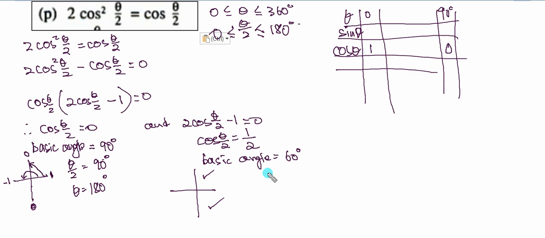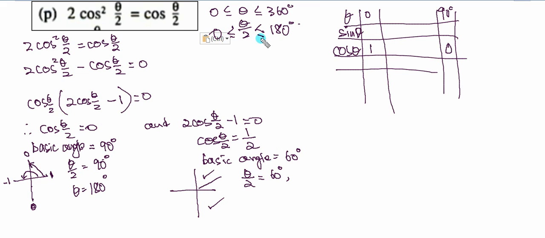Okay. Now, so theta over 2 is equal to this quadrant is 60. Then this quadrant here is 360 minus the basic angle, which is supposed to be 300.